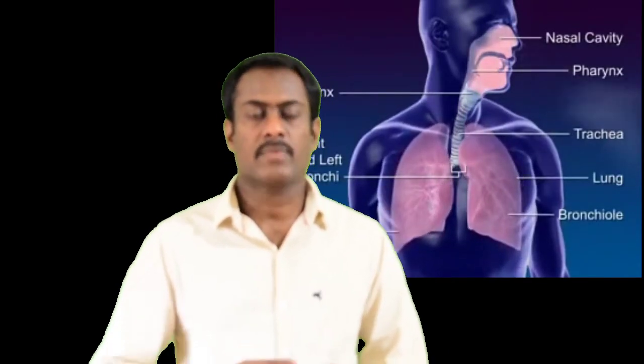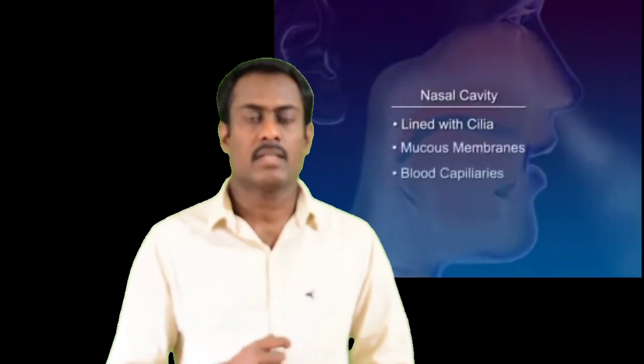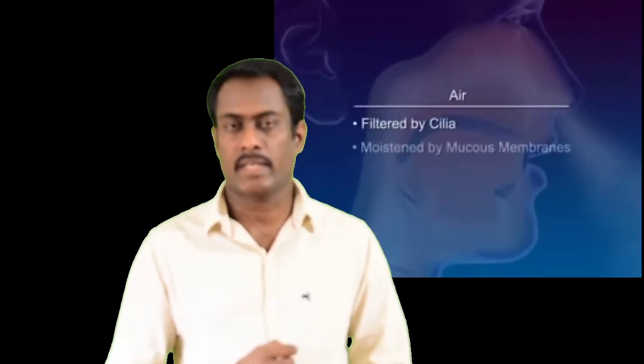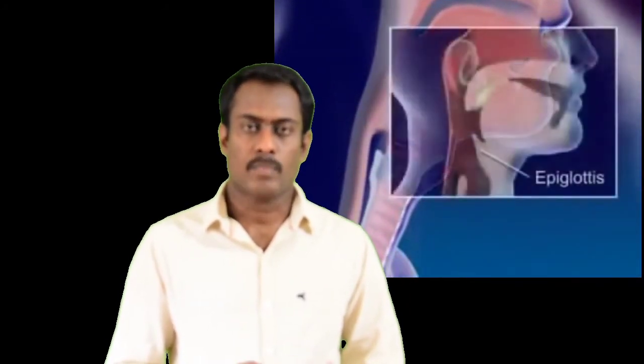The nostrils have hairs that filter the air, and it then passes through the throat. The throat also has a line of hair that filters the air, and it has cartilage rings that make sure the air passage does not collapse inside the throat.